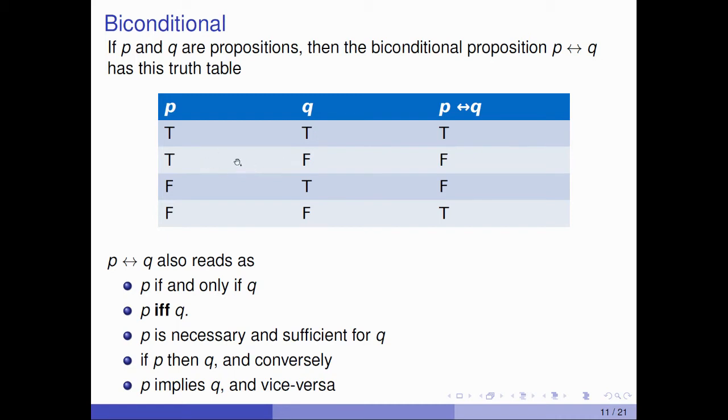But then you already have a false previously, so that's a false conjunction. You have false implies true is true, but then true implies false is false, so the conjunction would be false. Here, none would be false. False implies false is true, then true and true, you get a true conjunction.